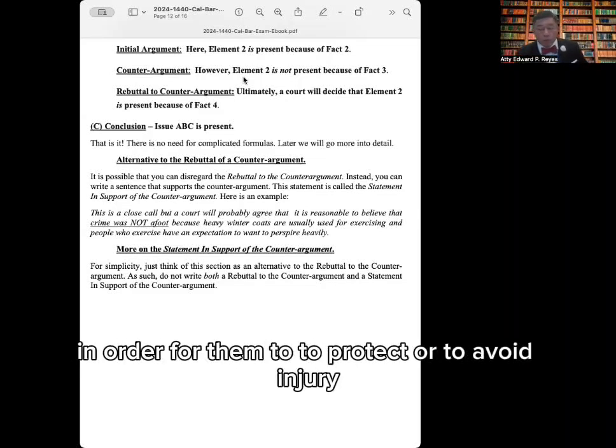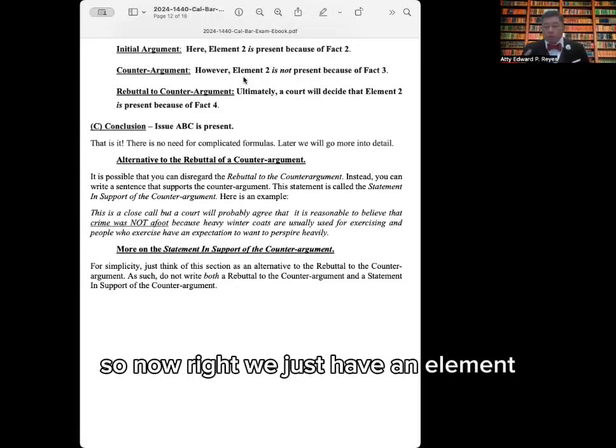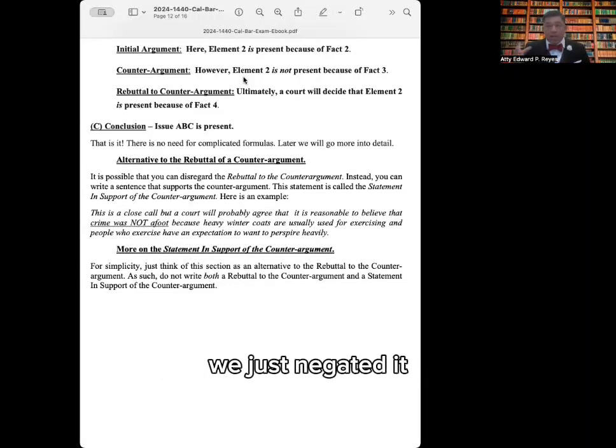In order to protect or avoid injury, they had to hold on to their arm. Okay, so now we just have an element, we just negated it.